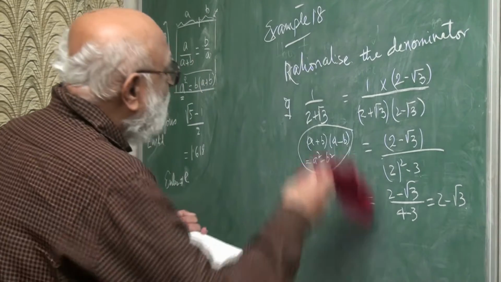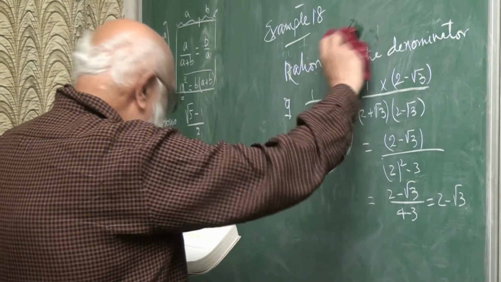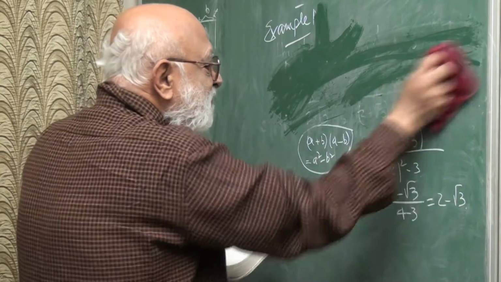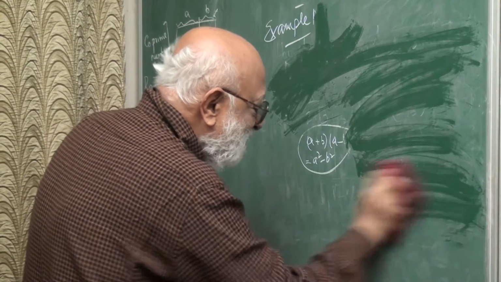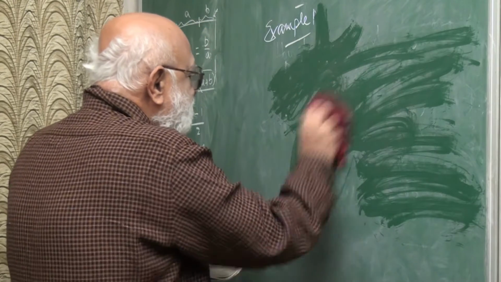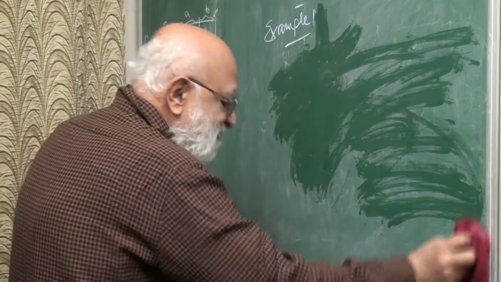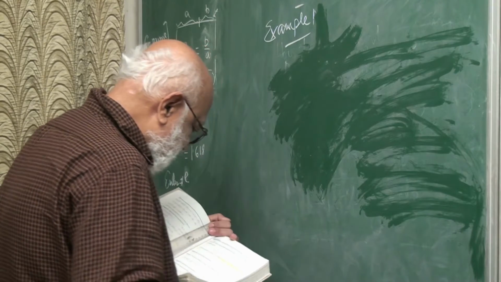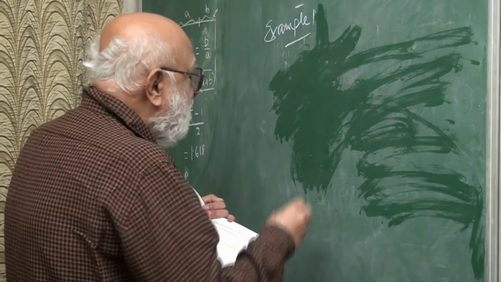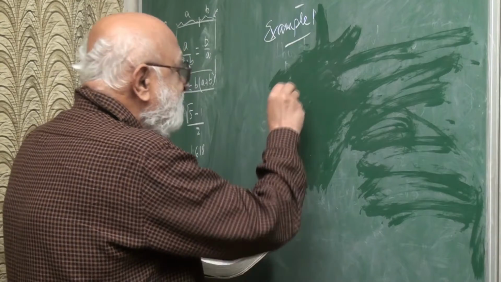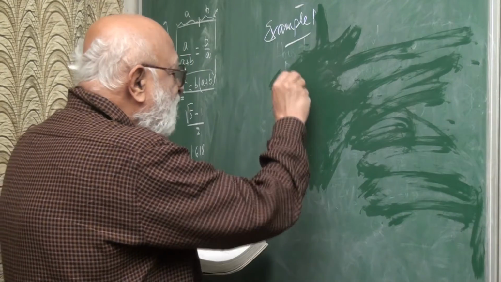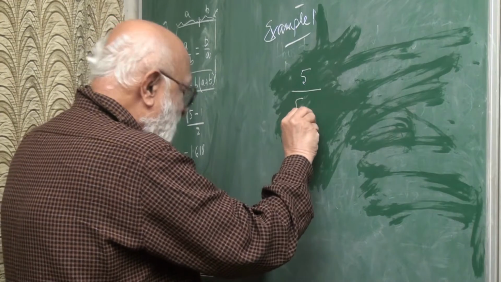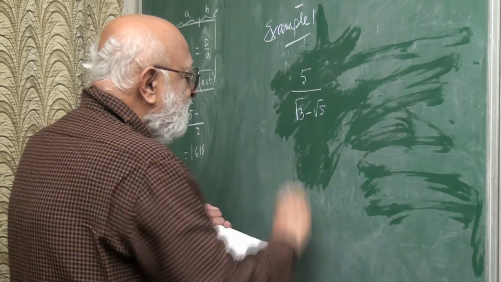Now let us go through another one, which is example 19. Example 19 is again rationalize: 5 by root 3 minus root 5.